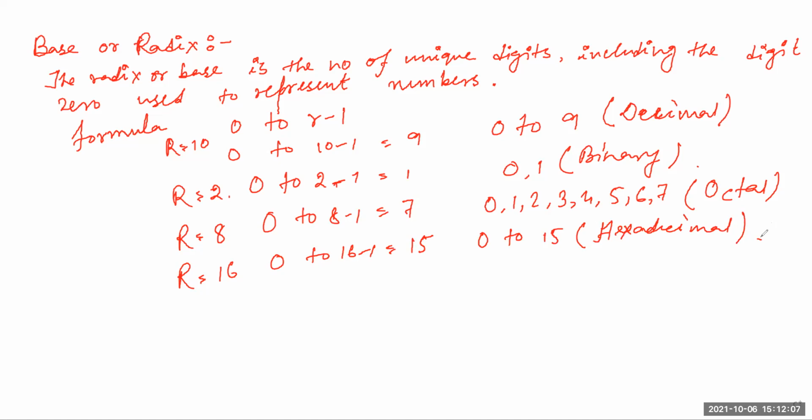Now my question is this. Here you can see for hexadecimal it is 0 to 15. Suppose you want to pass a 2-bit hexadecimal number. Here I am writing, suppose the value is 213.